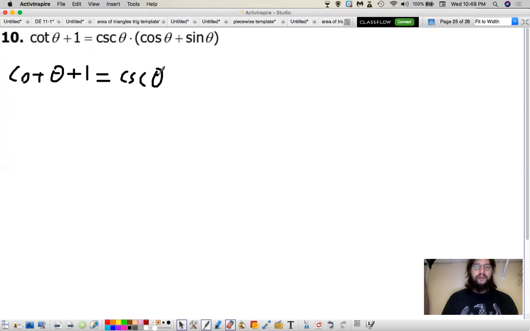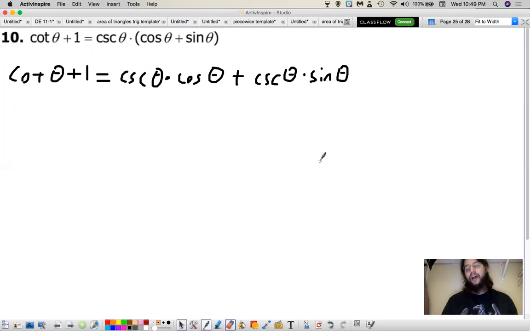Cosecant theta times cosine of theta is cosecant of theta times cosine of theta, plus cosecant of theta times sine of theta is cosecant of theta times sine of theta. Now, I'm going to write in terms of sine and cosine. Not messing with your left side. Left side stays alone. Cosecant, that's 1 over sine of theta, times cosine of theta.